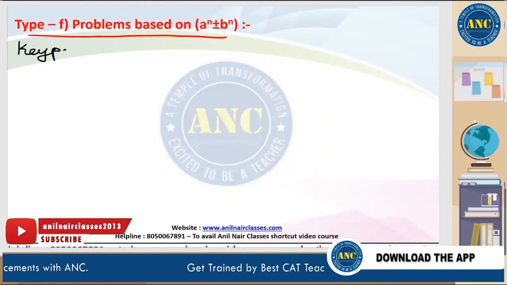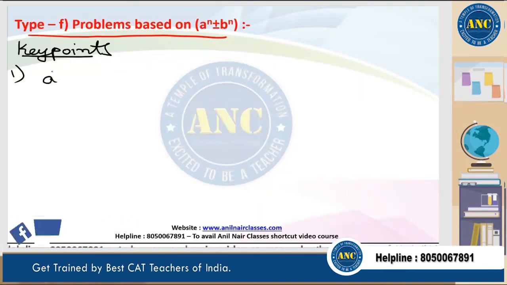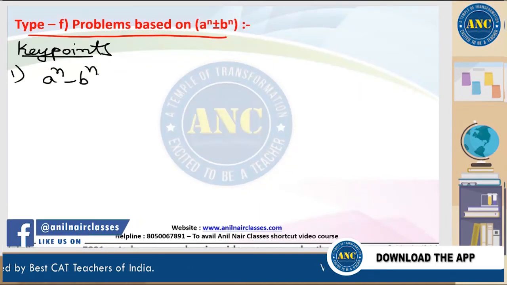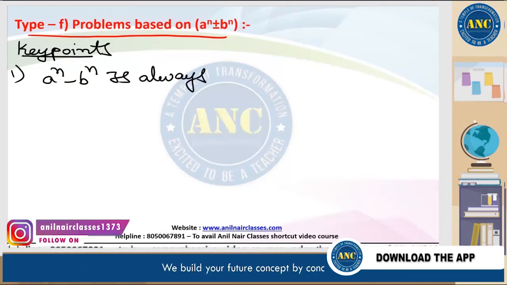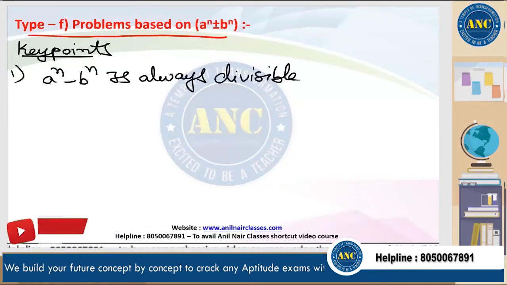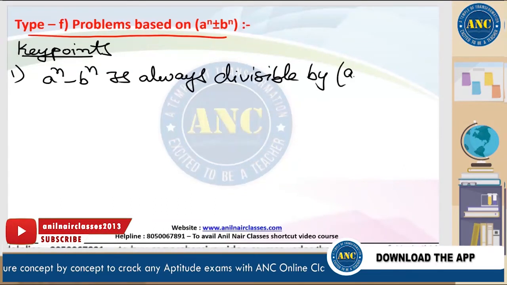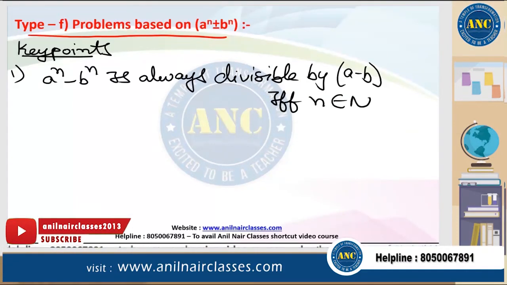Key points. A power n minus b power n is always divisible by a minus b if n is a natural number.